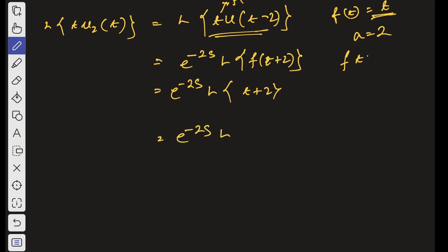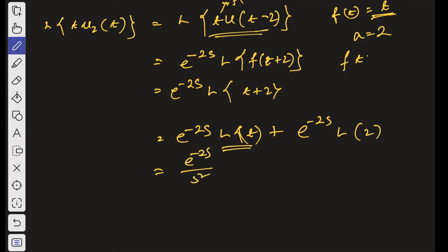So it's simple now. e to the power minus twice s Laplace transformation of t, then plus e to the power minus twice s Laplace transformation of 2. 2 means you can consider 2 into 1, 2 is constant. So here you see Laplace transformation of t is 1 by s square, so you will get e to the power minus twice s by s square, then plus e to the power minus twice s, and 2 comes out, and Laplace transformation of 1 is 1 by s.